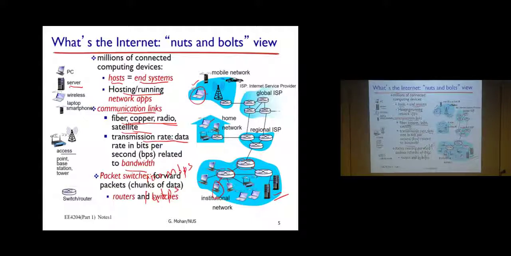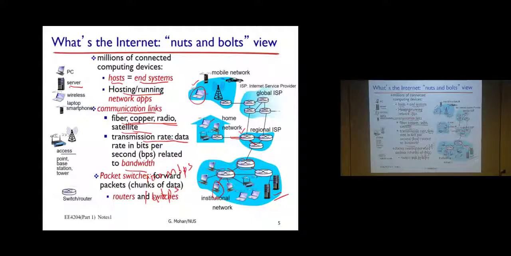You can imagine a box with many ports where the cables are inserted. So data are received here and it can be sent to this or this. Is that fine?